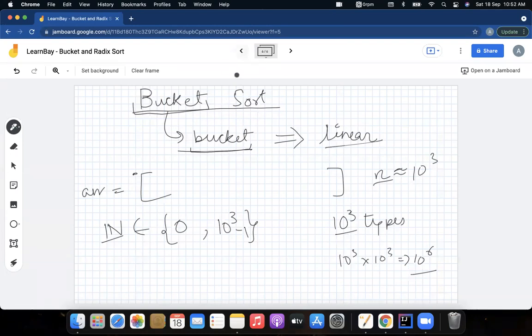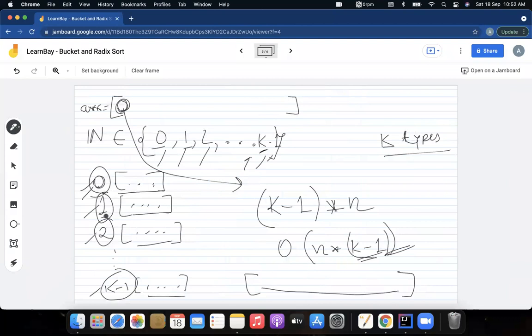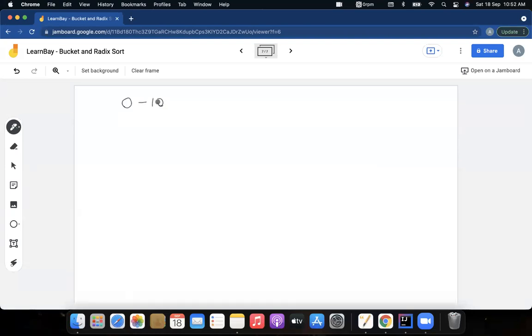Till now we were doing single element buckets, like bucket I is all zeros, all ones, all twos, all k minus ones. Now we can also do it in ranges, like all 0 to 9 in one bucket, then all 10 to 19 in another, 20 to 29 in another, 30 to 39 in another, and so on and so forth.